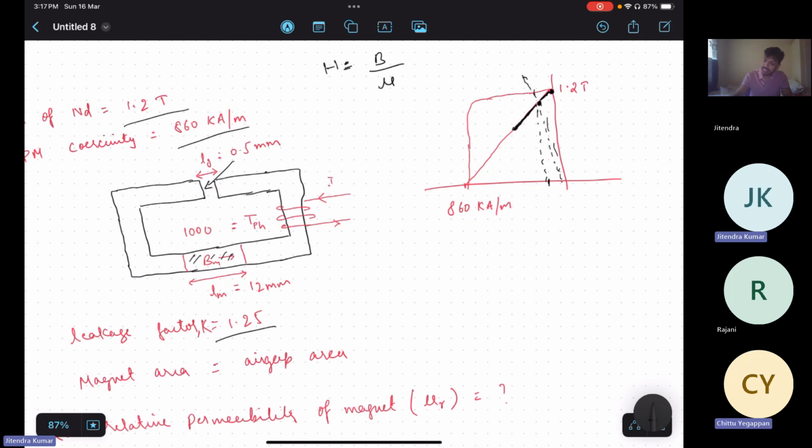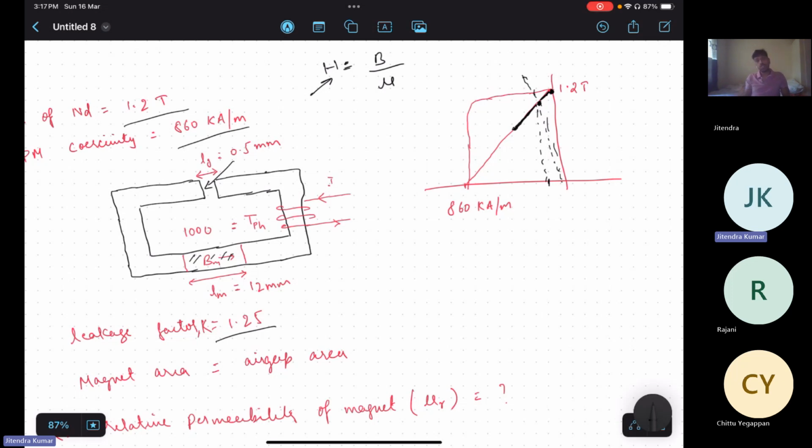How much flux is being established in the air gap, accordingly that much coercive force will be applied there, and that much coercive force is being supplied by the permanent magnet, and that is why this operating point is being shifted from 1.2 Tesla or BR or remnant flux density to some operating point flux density, even at no load.